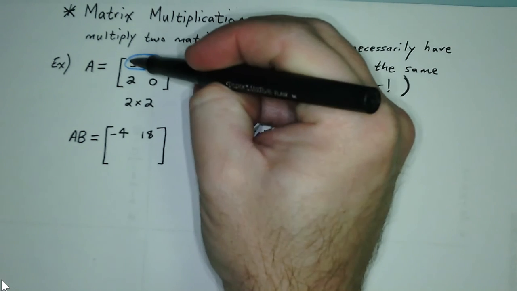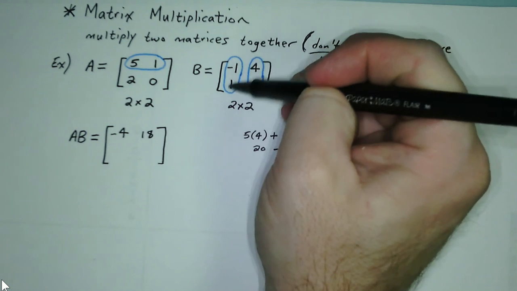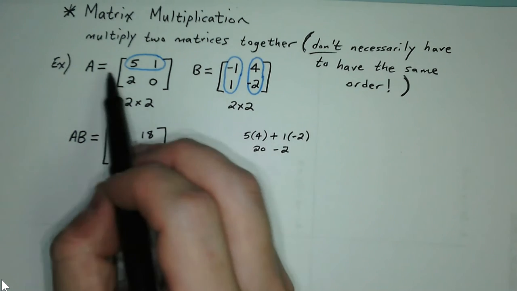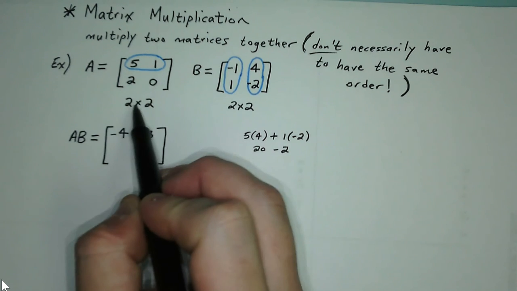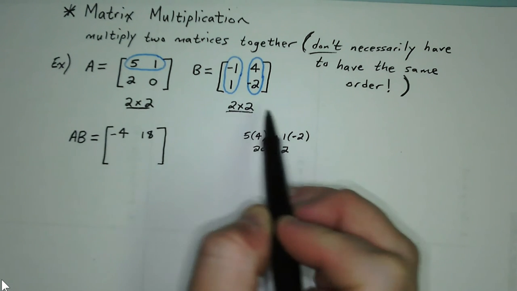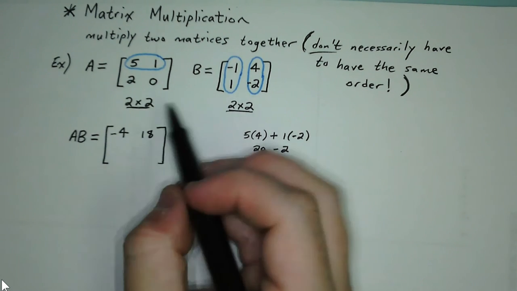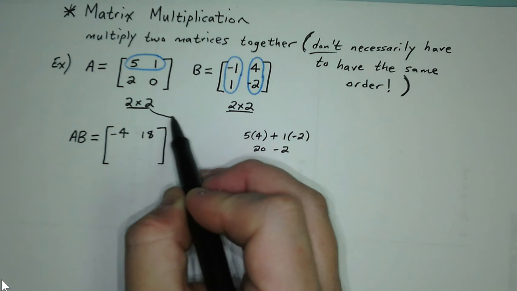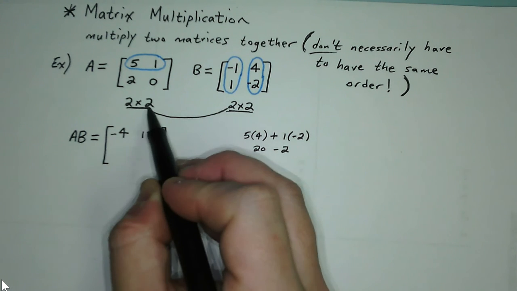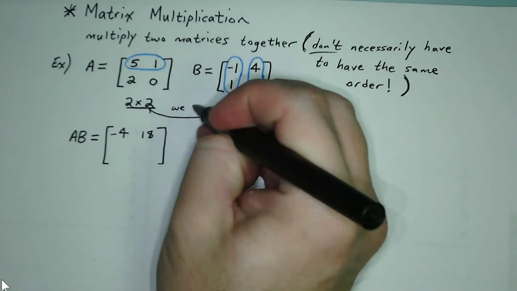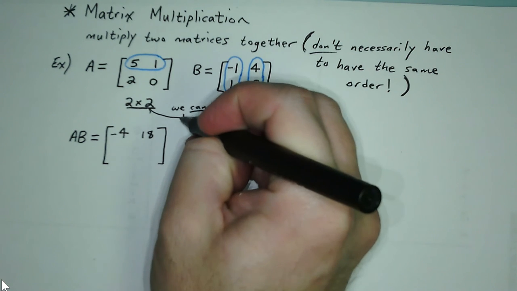There's 2 here, there's got to be 2 in the column. But here's a nice way to remember that. When you line up A and B, like the orders, 2 by 2, 2 by 2, because we want to do matrix A times matrix B, if the inside dimensions match, that means we can do this.